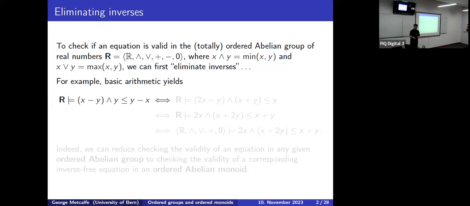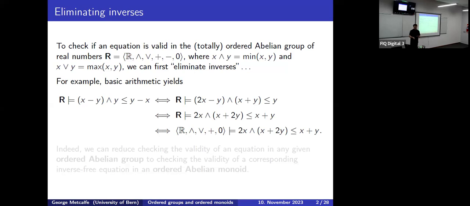And what I can do is add x to both sides, so I remove the minus x on the right, and add y on both sides to remove the minus y. What have we achieved? Well, not much, but we've eliminated inverses from this inequation. And that means that instead of looking at the ordered group of the reals, we can look at the ordered monoid of the reals. We don't have to worry about the inverses.